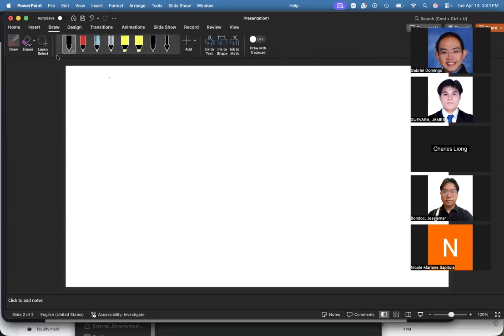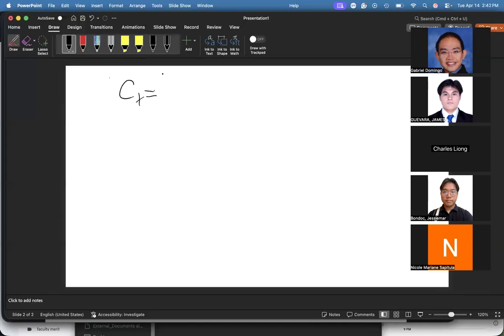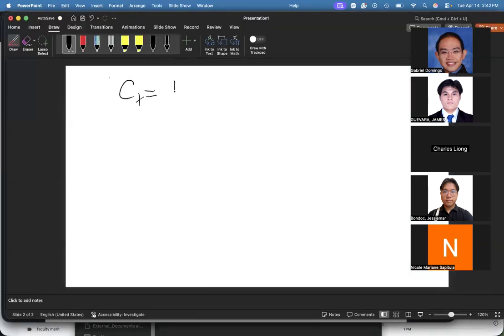Your consumption function is going to be C_t equals 1/(1+β) times Y_t plus Y_t+1/(1+r_t).